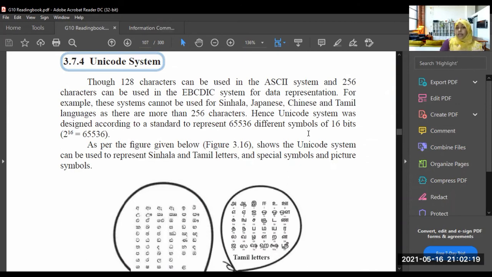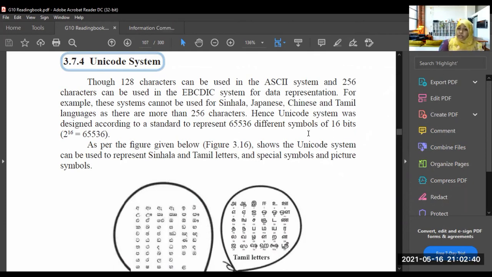That means in this Unicode system, we can represent Sinhala and Tamil letters, special symbols, and picture symbols also. Understood? Before, only the English letters were used to represent them.